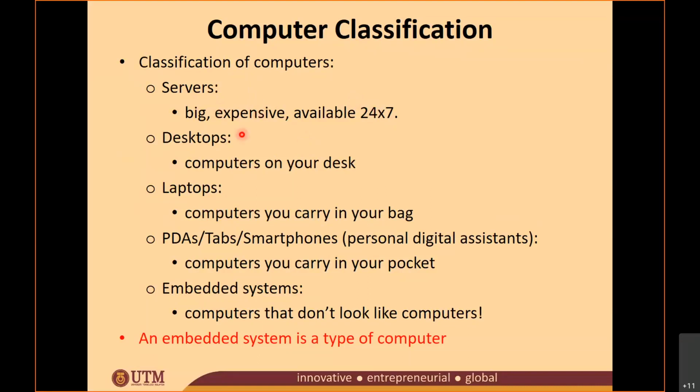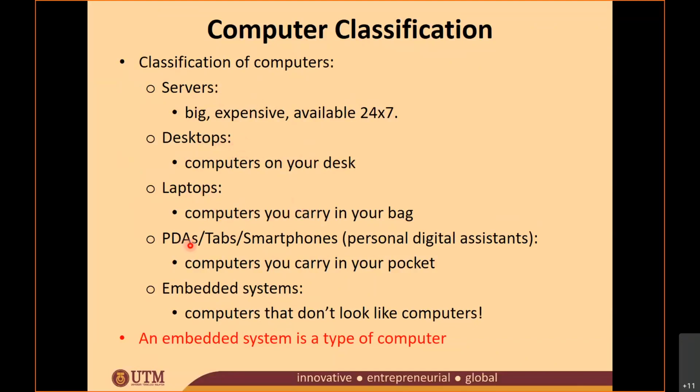Then we have a desktop, which is a computer on your desk. This computer on your desk sekarang ni selalu digunakan di pejabat-pejabat lah. Dulu, selalu digunakan di rumah. But nowadays, kamu akan start jarang dah nampak desktop dekat rumah. Selalu kita akan nampak di pejabat ataupun di makmal komputer. Then we have a laptop, which is a computer that you can carry in your bag.